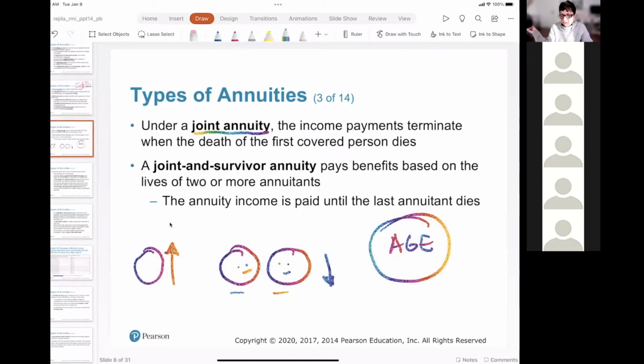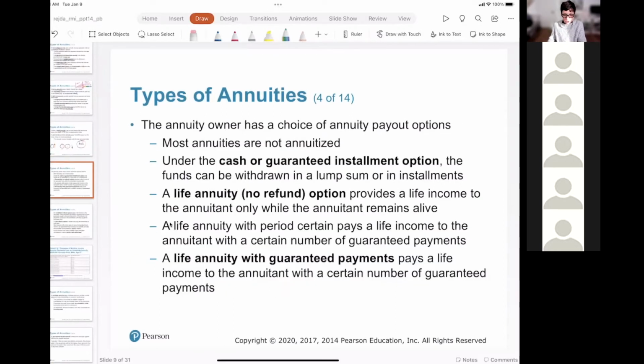And they're like, geez, we could be making 60 years worth of payments on this thing, versus if you buy it at 85, or that's maybe too old, 65. They're like, oh, thank goodness, we would make far fewer payments, right? So your income is going to be higher the older you are when you purchase it. And again, it's all about how many years worth of payments do they anticipate that you're going to get.